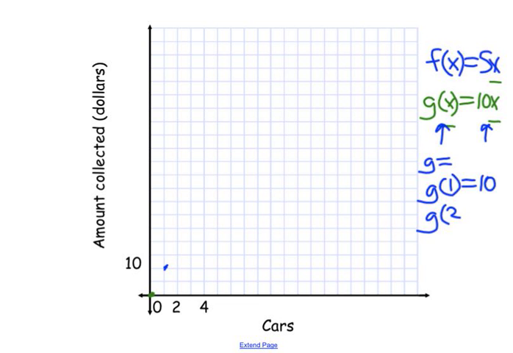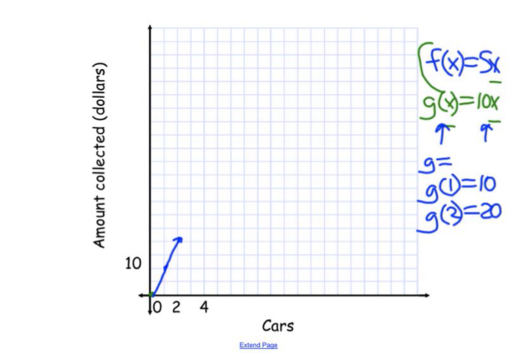And then when I have another point here, 2, that's going to be 20. So it's 2 over and 20 up. So it's going to be about here. And that's going to be one of our lines. That's going to be the second line, actually. But it's going to stop right there because we can't have negative cars.